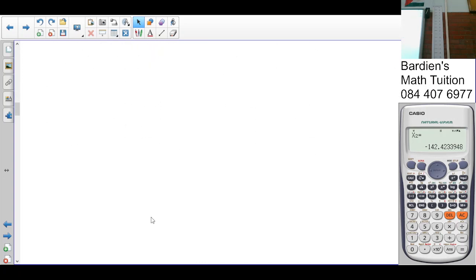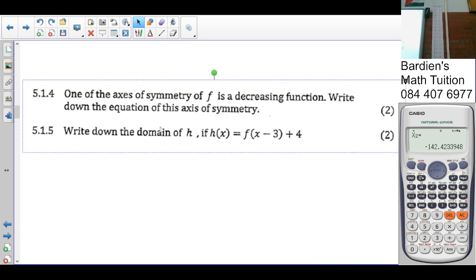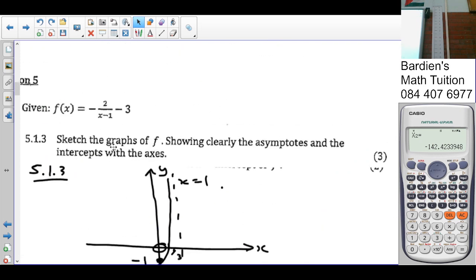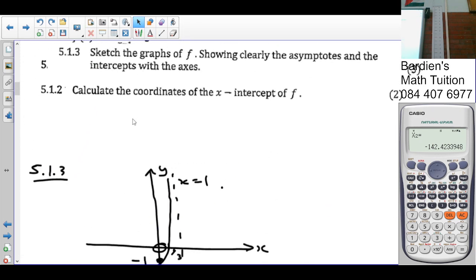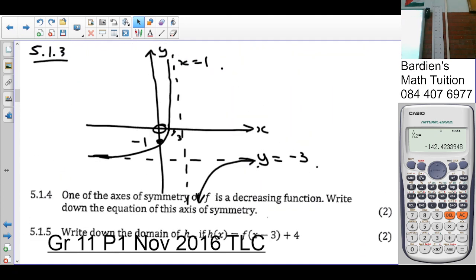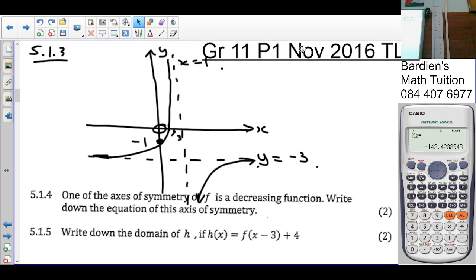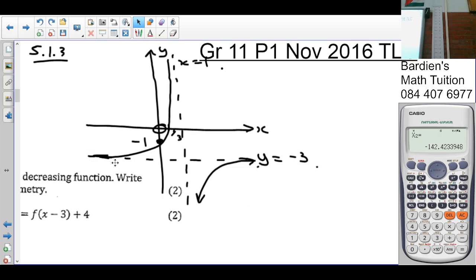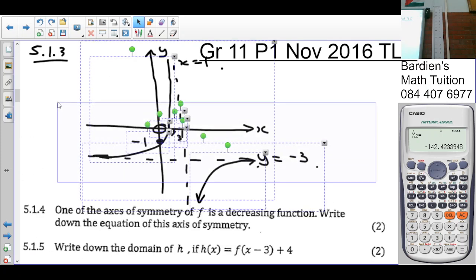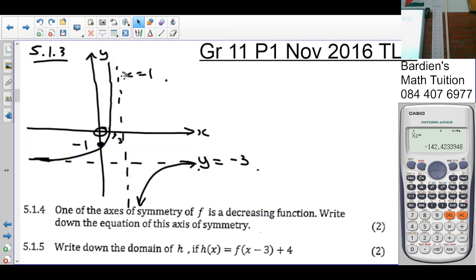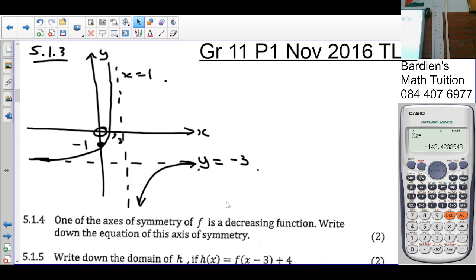Next question. The next question says one of the axes of symmetry of f is a decreasing function.